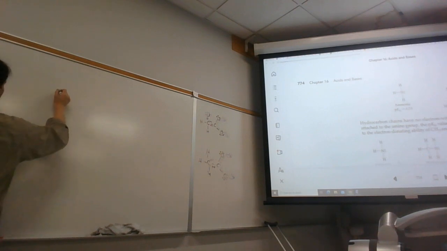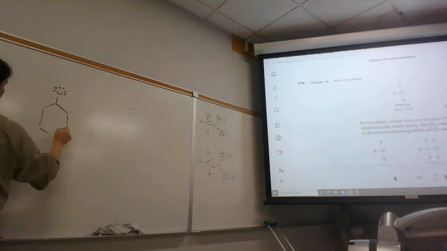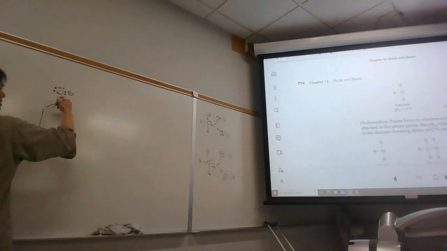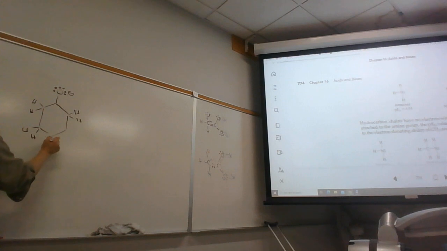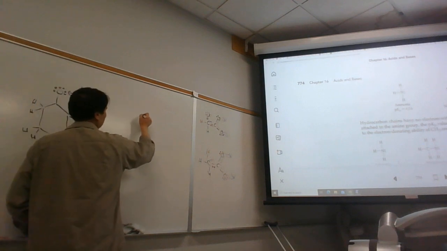If we look at the conjugate base of cyclohexanol, we come up with this. Can this charge be delocalized into the ring? No. There's no way we're going to delocalize that charge into the ring. Versus this.